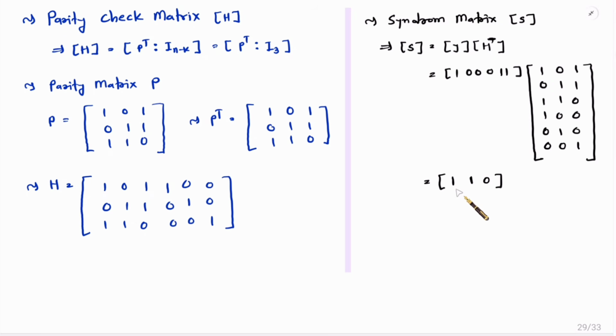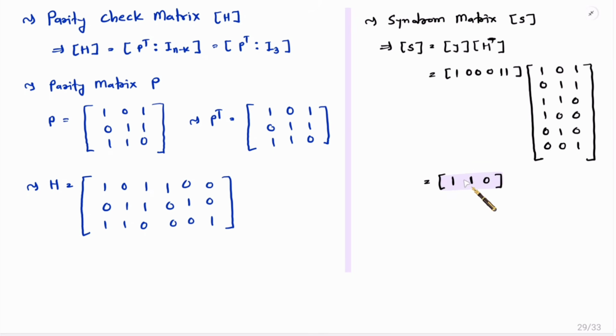So now we have the error matrix, right? Or one can say syndrome matrix. And based on the syndrome matrix, we can identify the location of error. And that one needs to understand based on this H transpose. If you observe, we have this calculation, right?